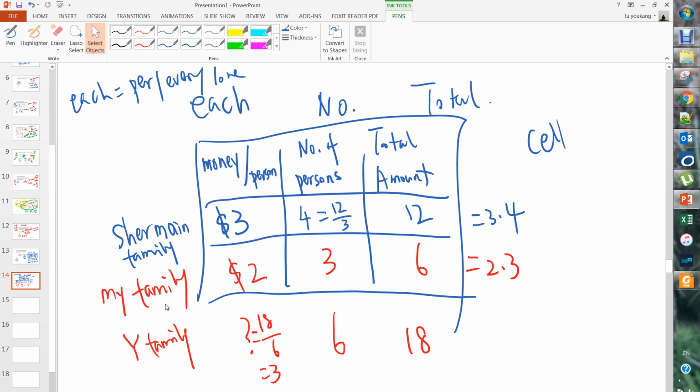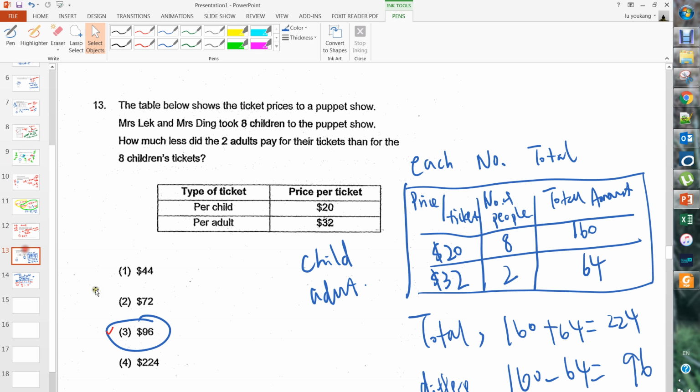You already know how to fill up all these cells, right? So similarly, your job is to construct a table and then fill up the table, and your job is done. And then once you find the answer already, just give what the question wants. That's how you do this question.